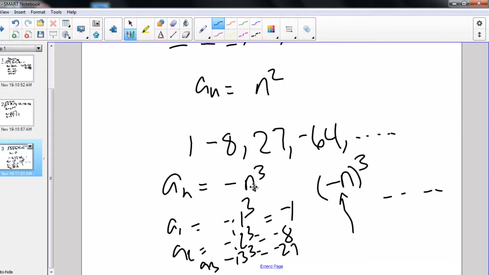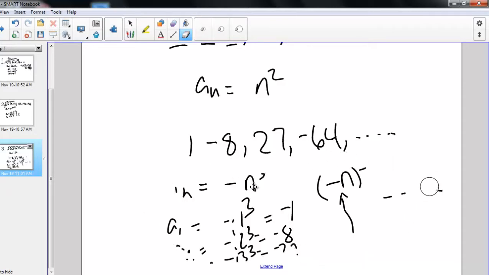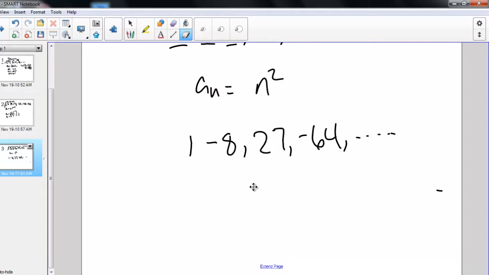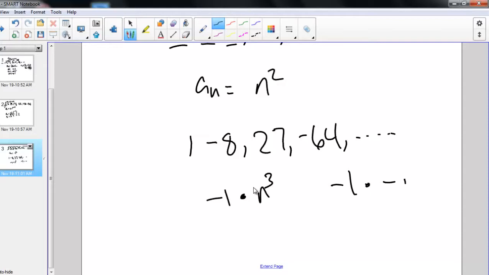How do I get the alternating sign, positive, negative, positive, negative? How do I get that to occur? Times it by negative 1? So the equation that you get before, and then you times it by negative 1. So use negative 1 times negative n cubed.